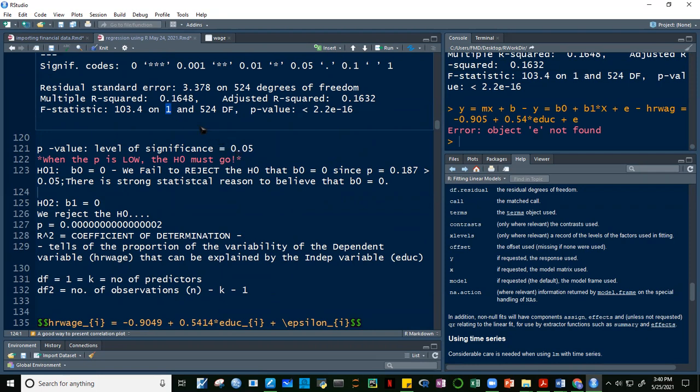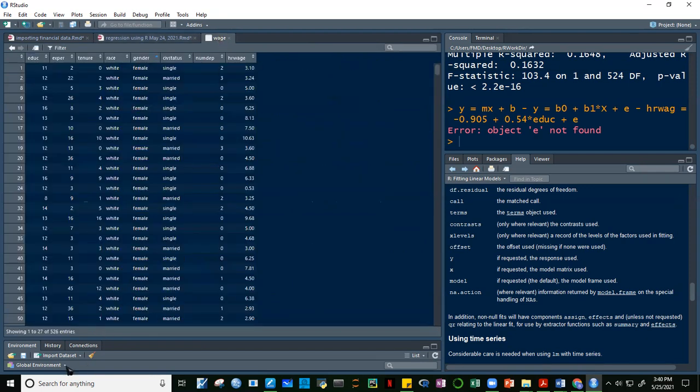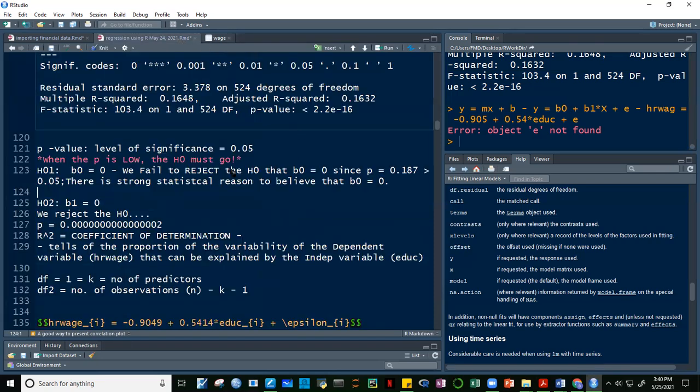So how do we now compute for the degree of freedom 2? It's n minus k minus 1. Ano yung n natin? N natin is 526. Okay? So minus 1, which is your k, and then minus 1. Bakit may minus 1 pa? This will account for your intercept. Kasi dito sa predictors, hindi naman natin binilang si intercept dyan eh. However, since kinukompute pa rin natin si intercept, guys, so mababawasan pa rin tayo ng isang degree of freedom.